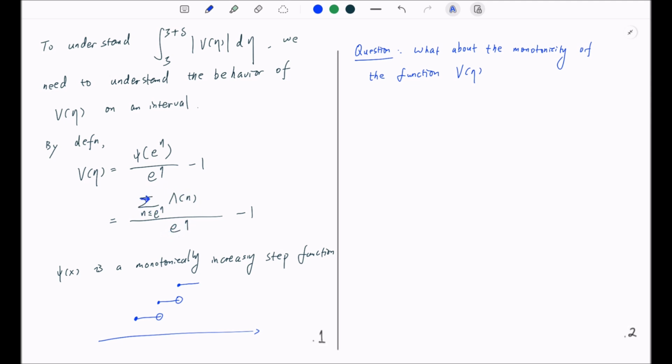But the numerator is a locally constant function with jumps whenever this e to the eta hits a power of prime. So to summarize, v of eta is monotonically decreasing, except for the points where psi of e to the eta makes jumps.